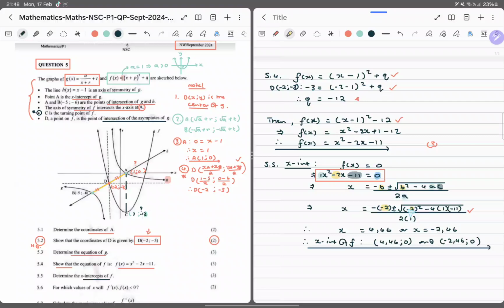But if there's no minus 2 inside this bracket, I will mark you wrong for the correct substitutions, because substitutions must be correct. You don't just get marks for substitutions. They must be correct based on the formula and the expression. So don't lose marks because of carelessness, guys. And then, of course, we can get our marks there and our marks there.